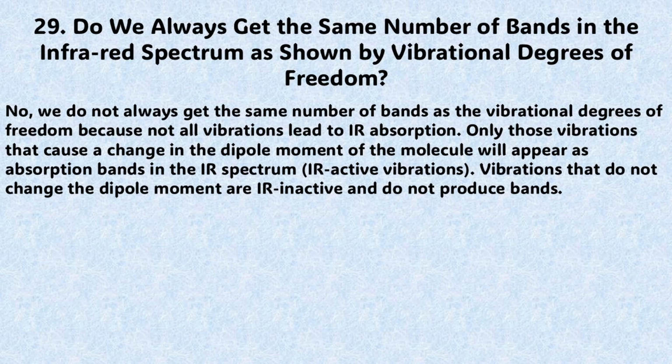Only those vibrations that cause a change in the dipole moment of the molecule will appear as absorption bands in the infrared spectrum, infrared active vibrations. Vibrations that do not change the dipole moment are infrared inactive and do not produce bands.